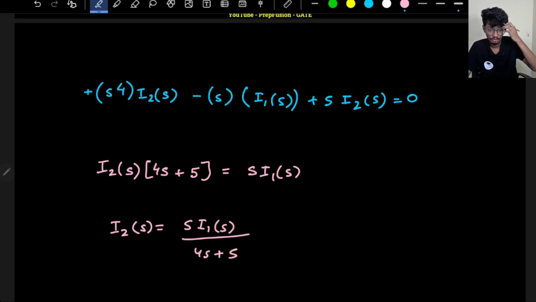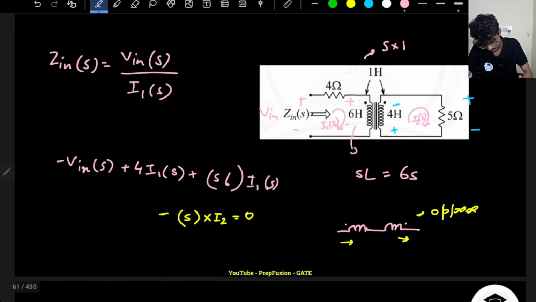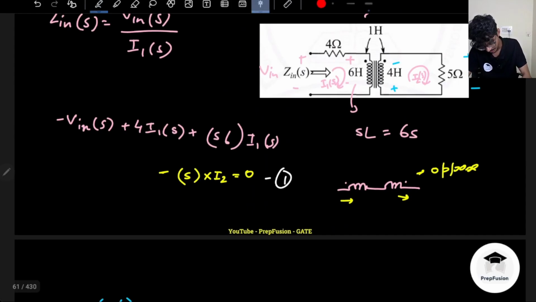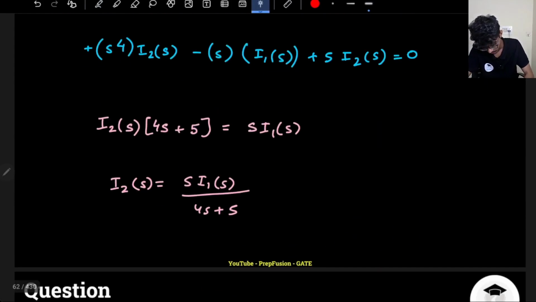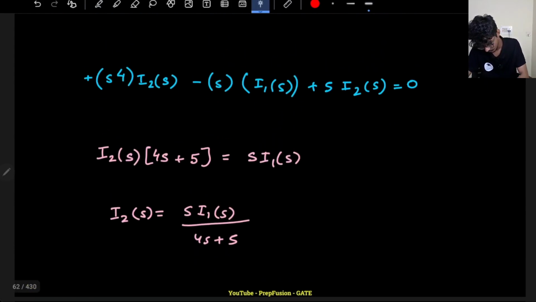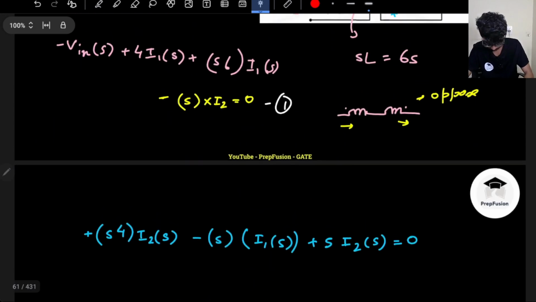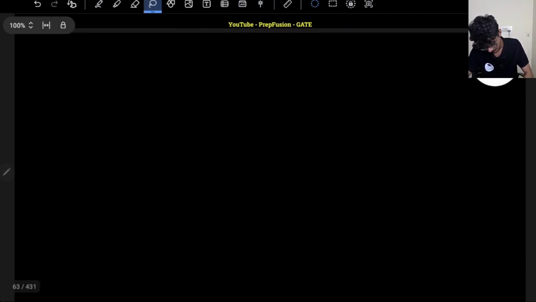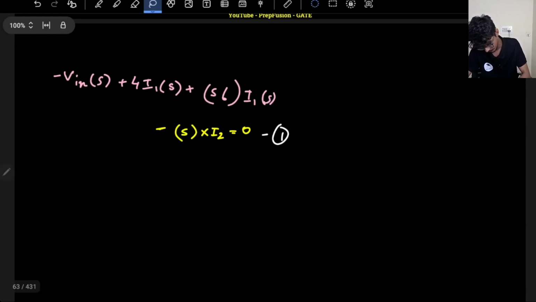Now I will replace I2 of S in the first equation, equation 1. So my V of S will be equal to this value.